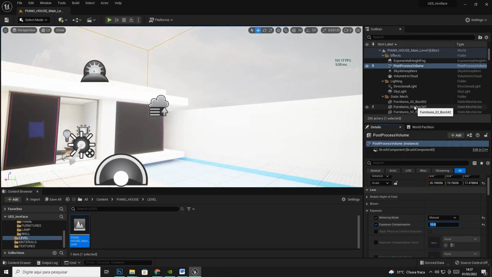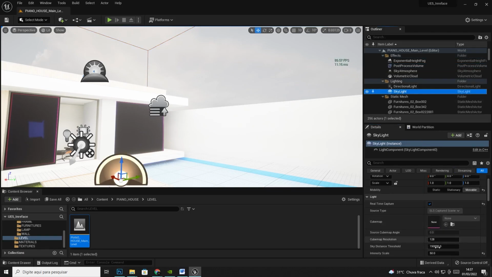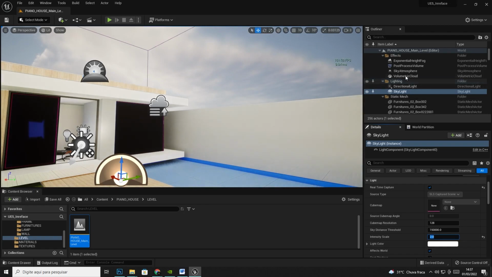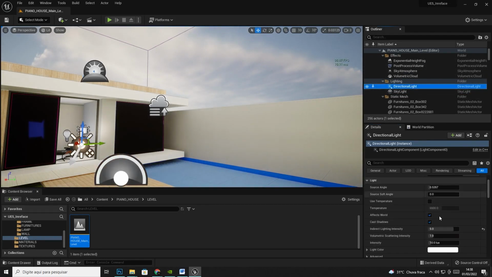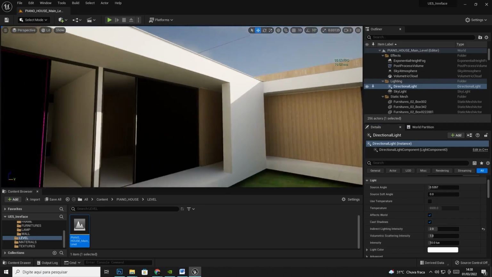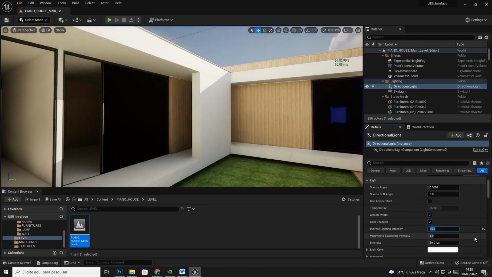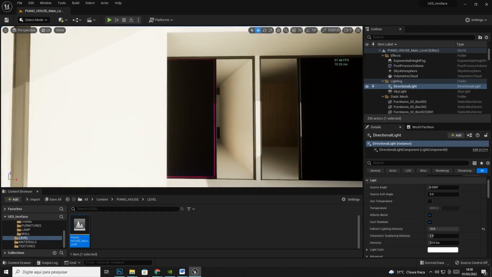So what can we do? We can get it back to 10 intensity, and slowly, we can adjust this parameter. 50 is a lot. Let's try 2, and 2 here in the indirect light. It's really dark, so yeah, let's put 10.